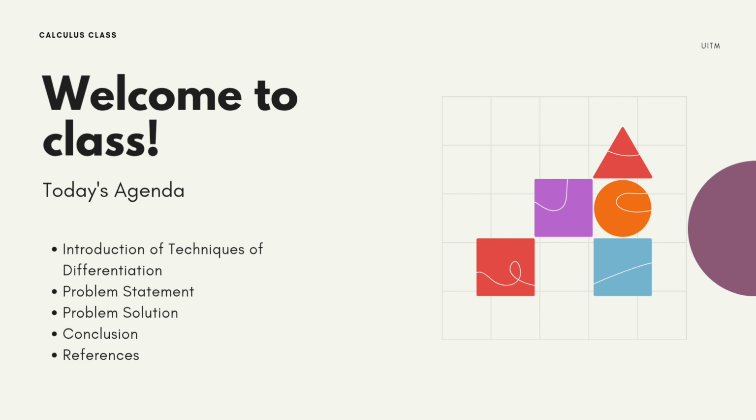In this video, we will explain and demonstrate several key techniques including the power rule, product rule, quotient rule, chain rule, sum and difference rule, implicit differentiation, and logarithmic differentiation.